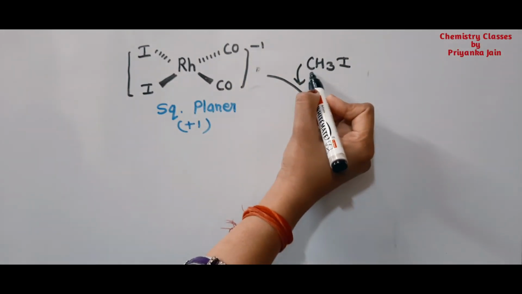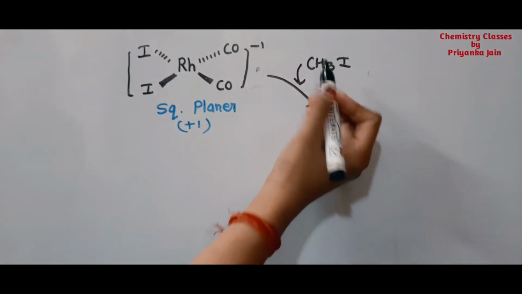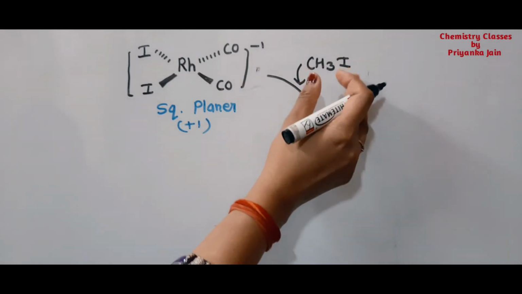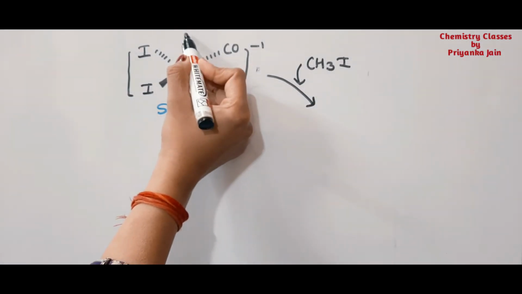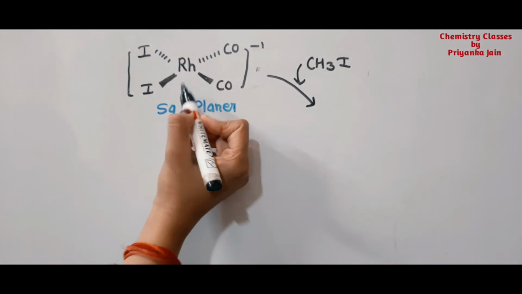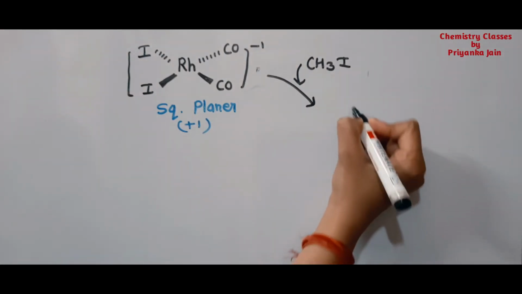Now see here, this CH3I is polar. I have already told you in my video on oxidative addition that this is a polar group, so this will undergo trans addition. It means on this side CH3 will be added and here the I group. So we are getting this rhodium complex.